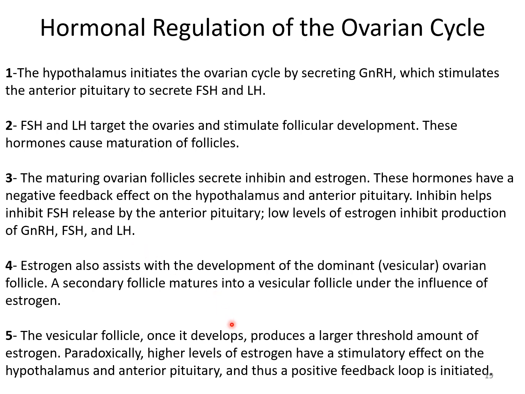Well, now in the vesicular follicle we have a lot of cells, and so we get a really high level of estrogen. Now the higher levels of estrogen actually have a stimulatory effect on the hypothalamus and anterior pituitary, and so we end up with a positive feedback loop. It's a weird thing where we had negative feedback, but by the time you get to the vesicular follicle, we're dealing with a positive feedback loop.